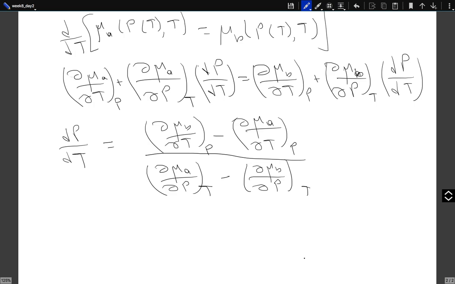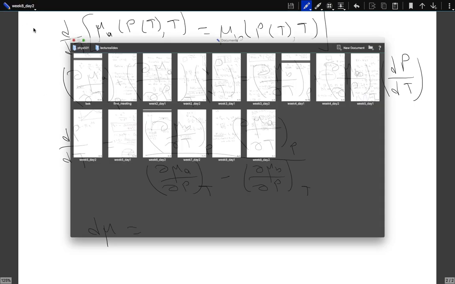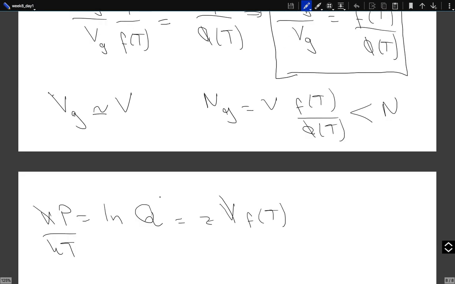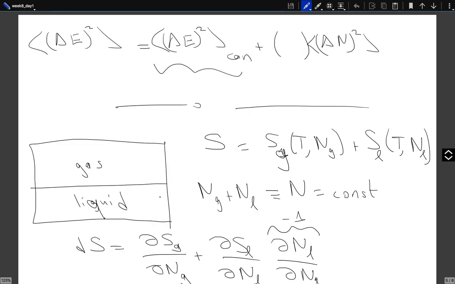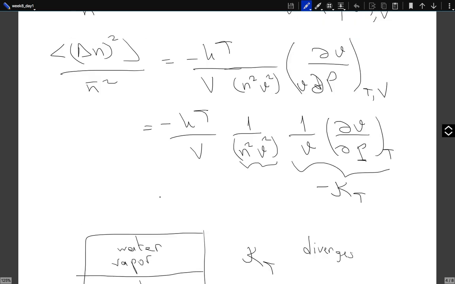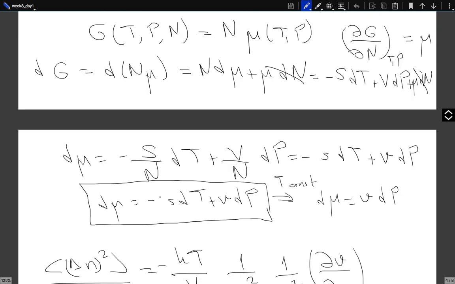Now let's see, what are these derivatives? We had already derived what d mu was in terms of the entropy per particle and the volume per particle. Well, we had derived it yesterday. This one.